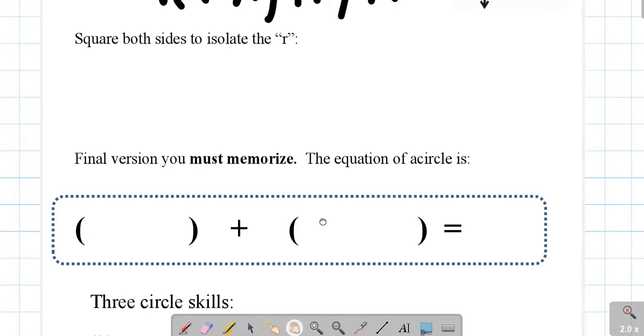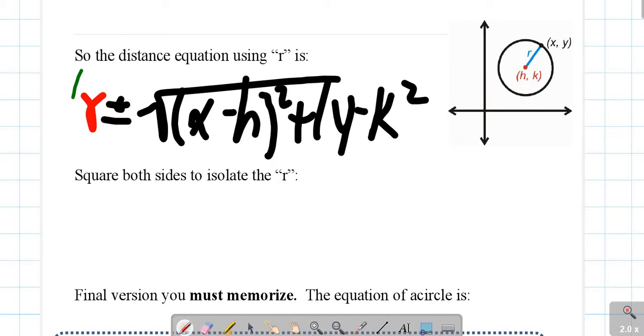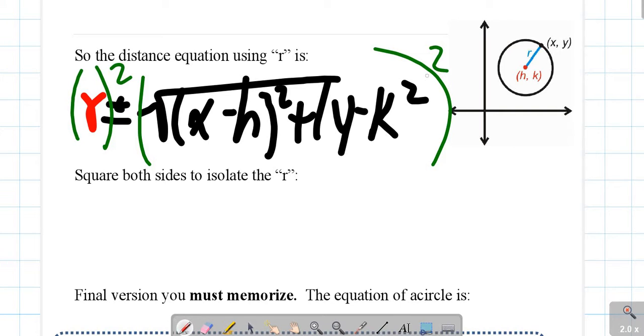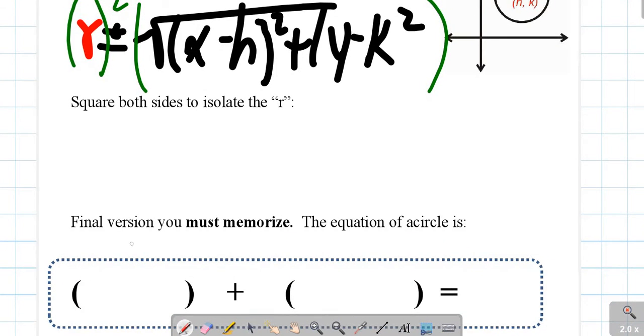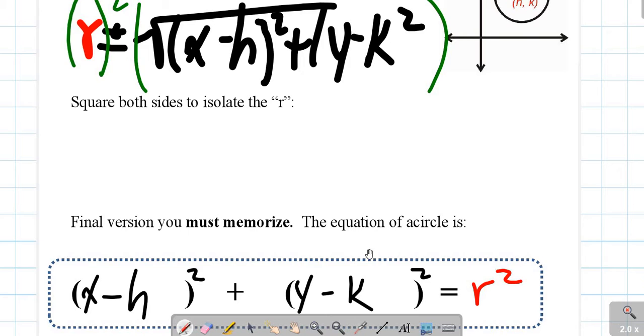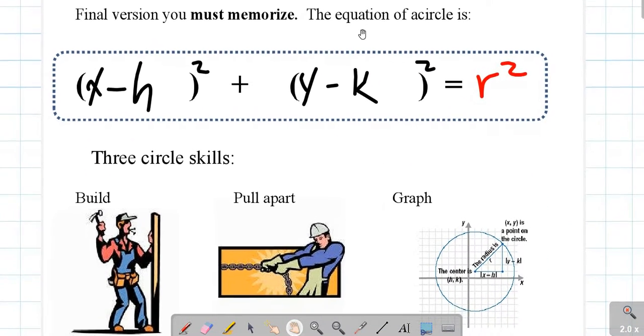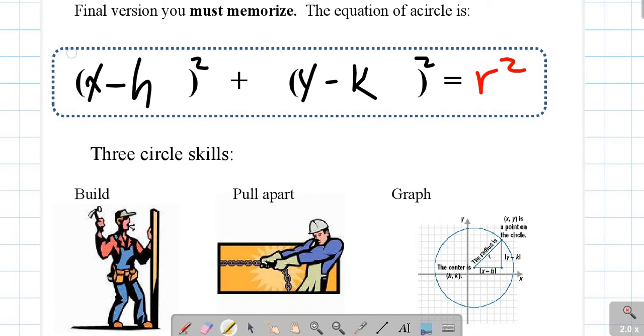And to get rid of that square root, I simply square both sides. So the final version is going to be this. Usually we just swap it around. So we're going to go x minus h, parentheses squared, y minus k, parentheses squared, equals, because we square both sides, radius squared. This is the equation of a circle.